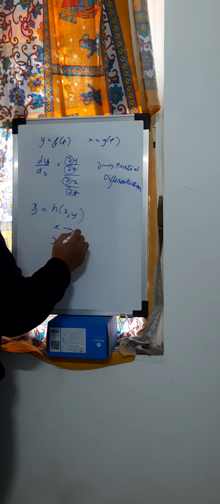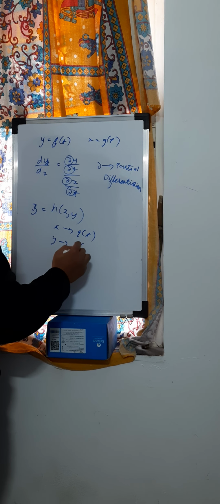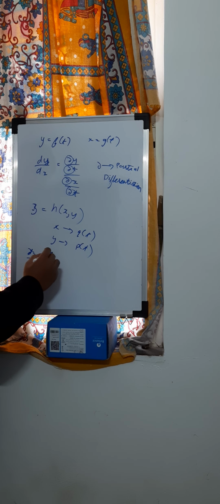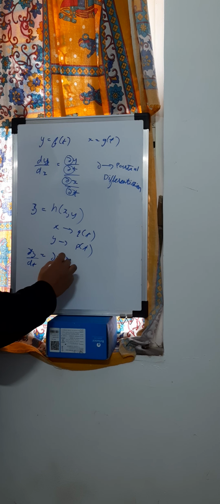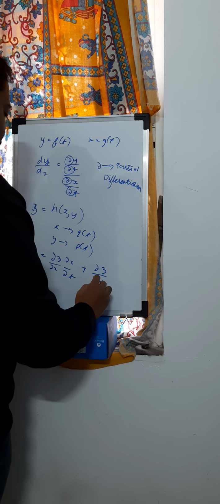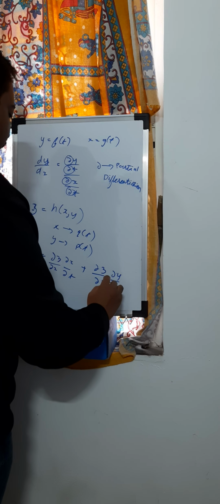So we have dz by dt is equal to dou z by dou x times dou x by dou t, plus dou z by dou y times dou y by dou t.